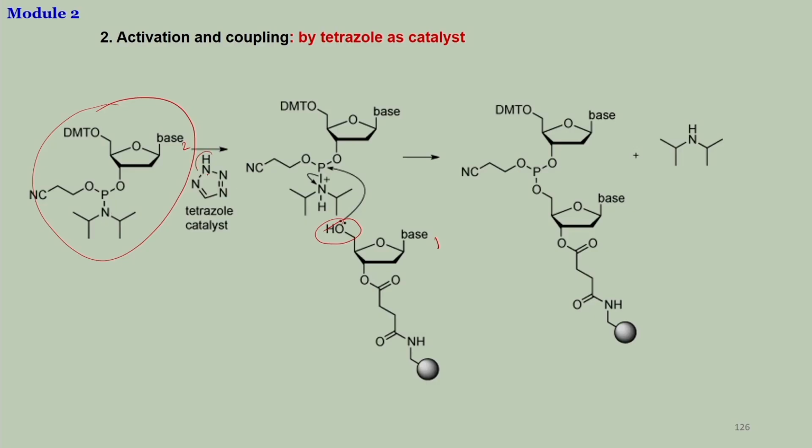So the proton from the tetrazole is shifted to this nitrogen. Then you have the NH plus in this position, and tetrazole becomes N minus, which can be stabilized by the internal resonance. So essentially you have this form, and this becomes a good leaving group.